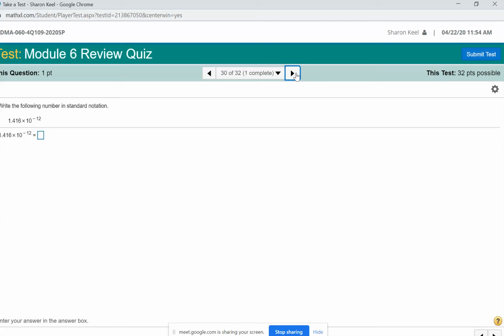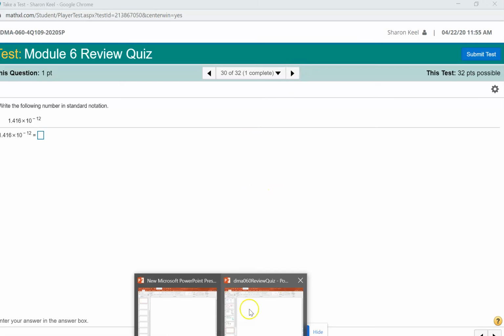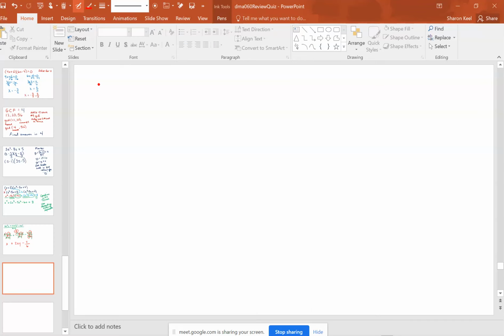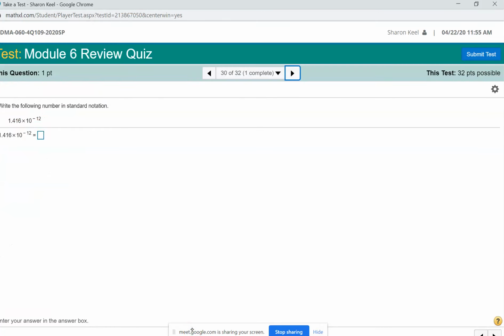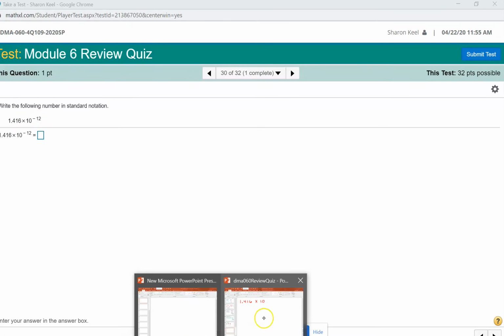Write the following number in standard notation. 1.416 times 10 to the negative 12th.